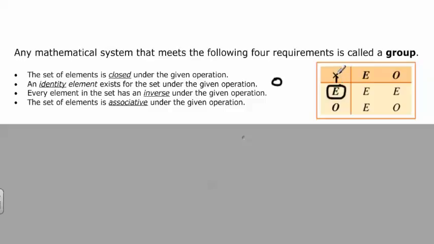But even times even is even, and even times odd is even. So even does not have an inverse, because none of these results here would give us the identity element of odd. So does every element have an inverse? No, even doesn't have an inverse.